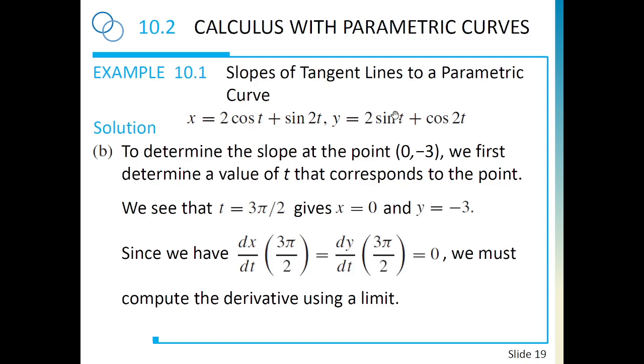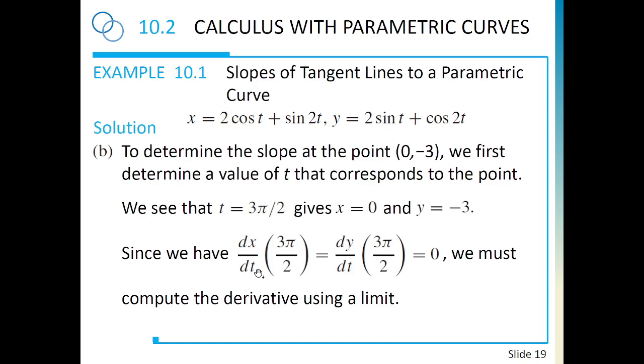So we need to solve that, and the solution will be 3π/2 after some work. So at that moment in time, the curve is passing by the point (0, -3). So now we use that point in time to evaluate the derivatives and to compute the slope.